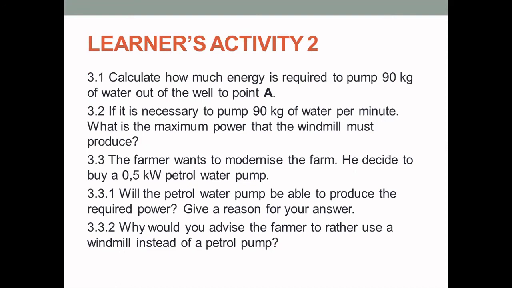The farmer wants to modernize the farm. He decides to buy a 0.5 kilowatt petrol water pump. Will the petrol water pump be able to produce the required power? Give a reason for your answer. Why would you advise the farmer to rather use a windmill instead of a petrol pump?